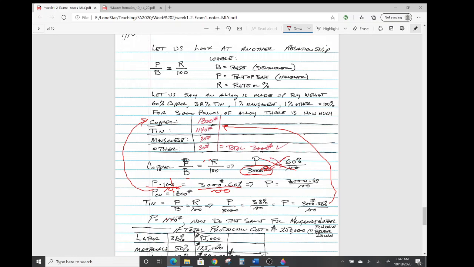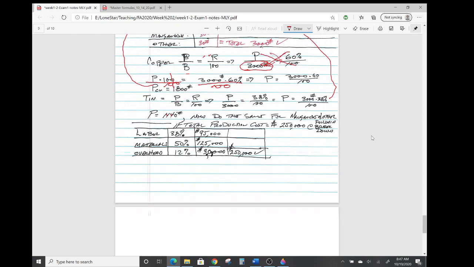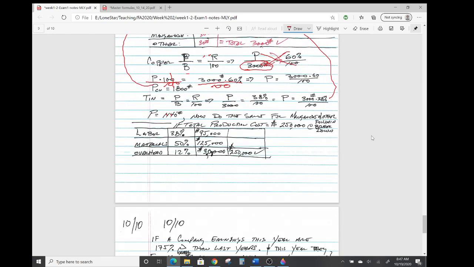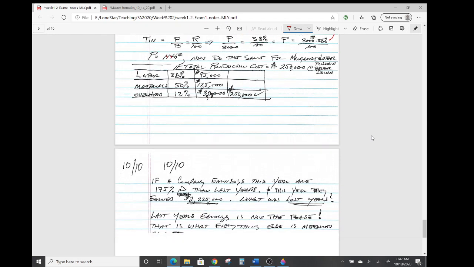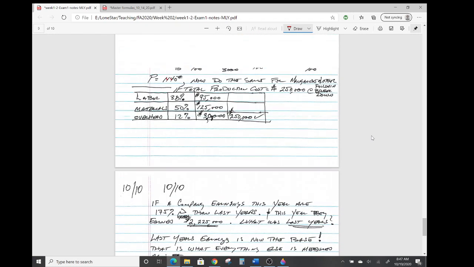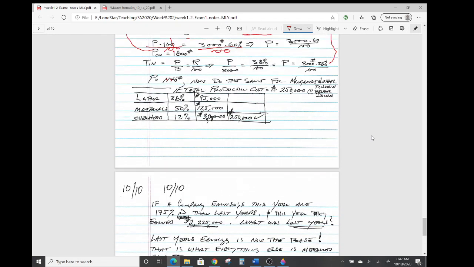All right. Let's look at another relationship. So I can find my cursor. Okay. All right. Total production cost. The total production cost is $250,000. Okay?